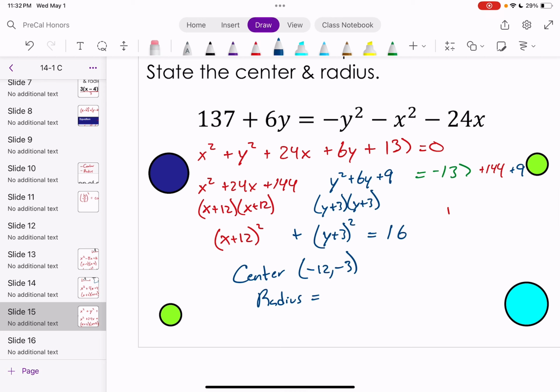Radius would be the square root of 16, which is 4.